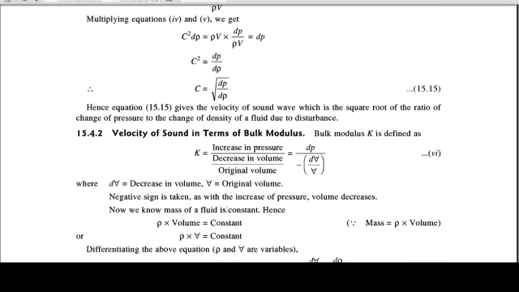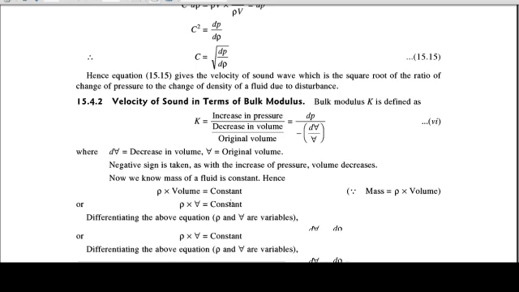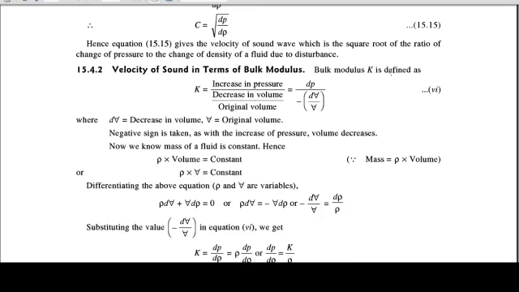Okay, now we will calculate this velocity of the sound in terms of the bulk modulus. The bulk modulus is indicated by K, and it is defined as increase in pressure upon decrease in volume upon original volume.